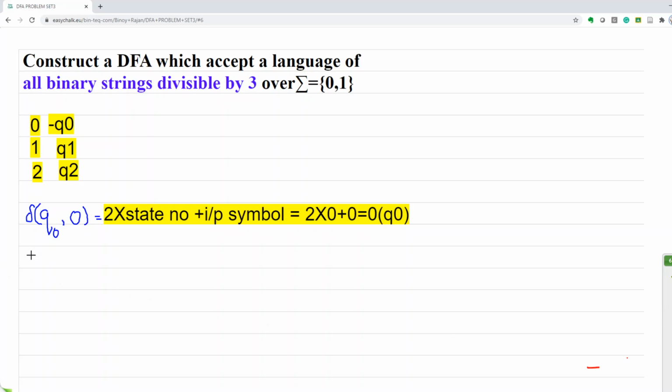So the next transition is with respect to the 1 input. So Q0 with respect to the 1 input symbol.